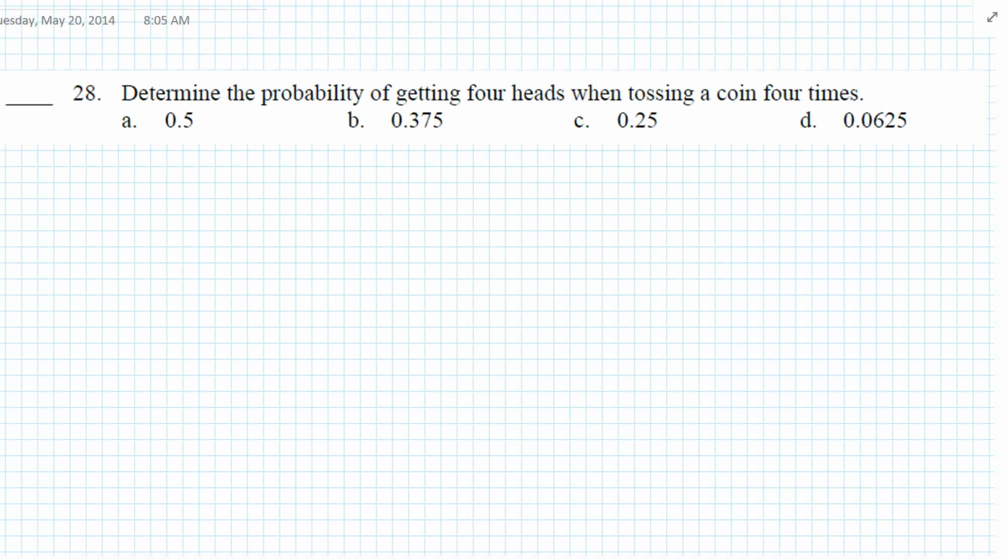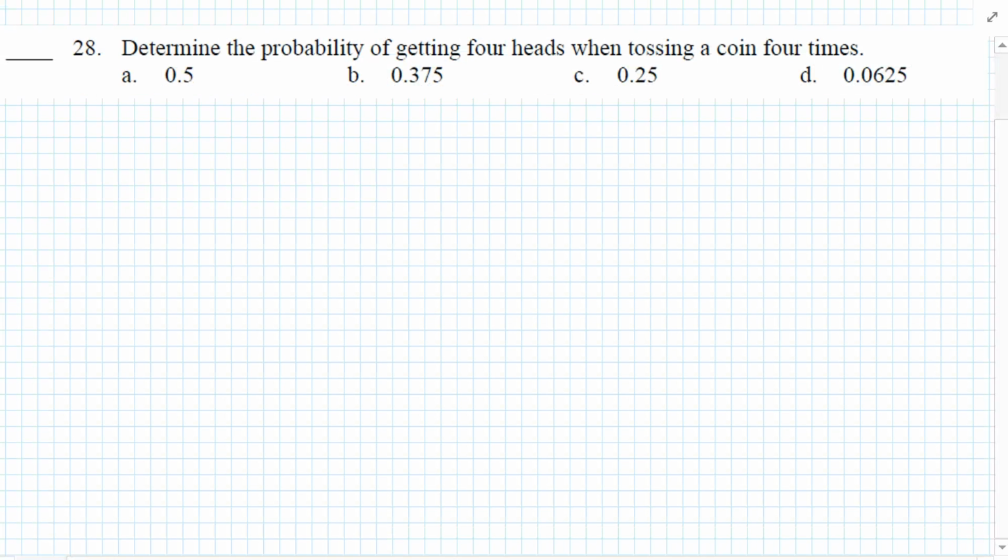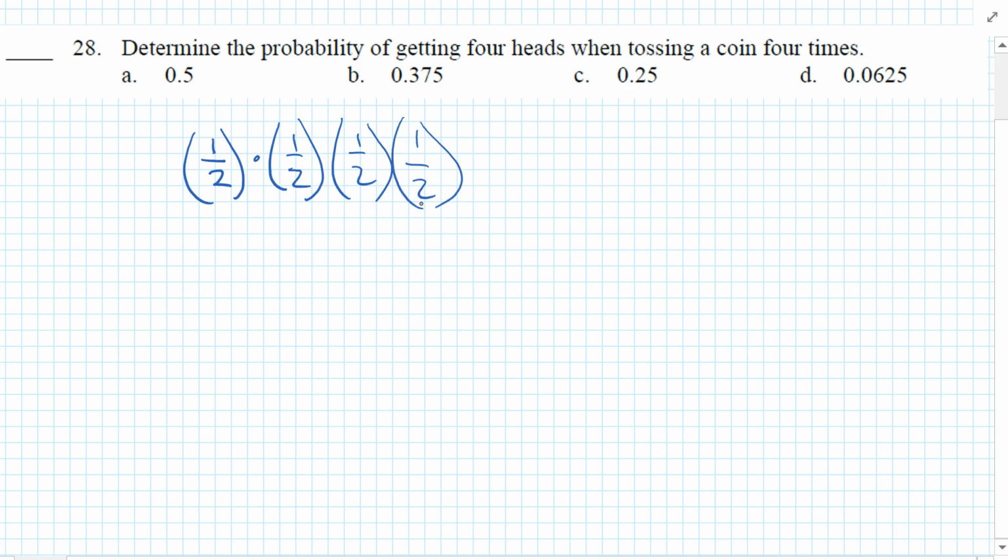28. Determine the probability of getting 4 heads when tossing a coin 4 times. Well, what's the probability of getting a head 1 time? 1/2. How many times do we have to do it in a row? 4. Alright, so you can think of it like that.